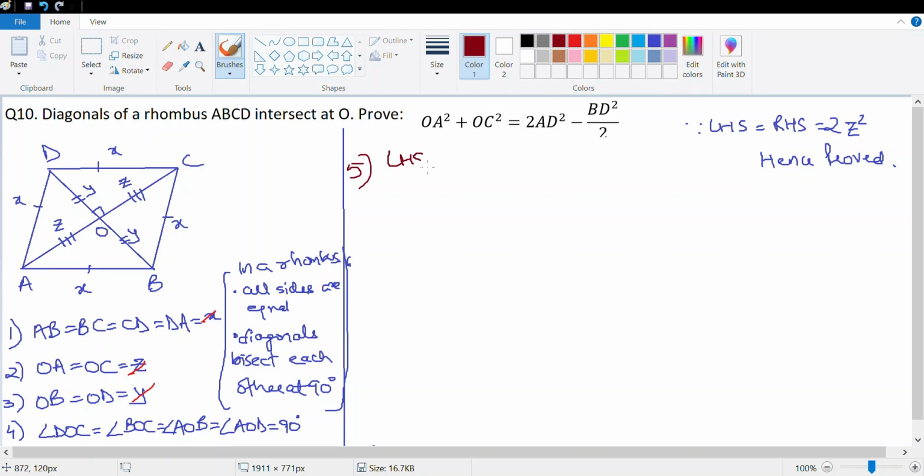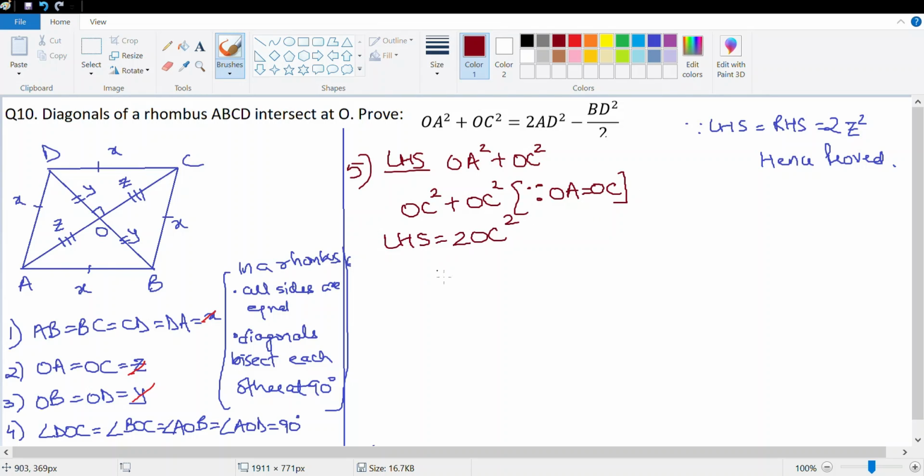Left hand side is OA square plus OC square. Now OA and OC are equal, so OC square plus OC square, since OA is equal to OC. So left hand side is equal to 2 times OC square.